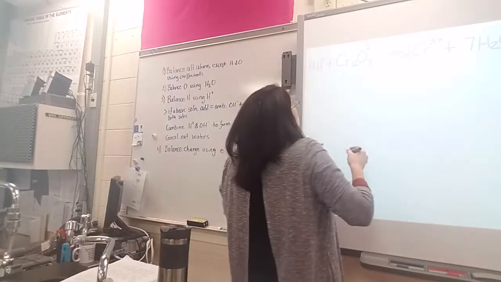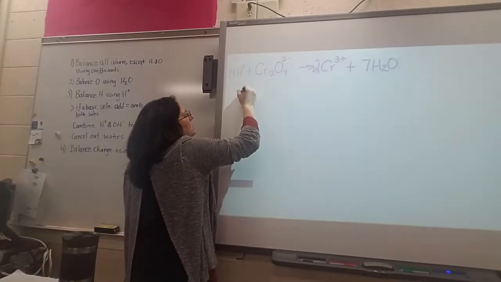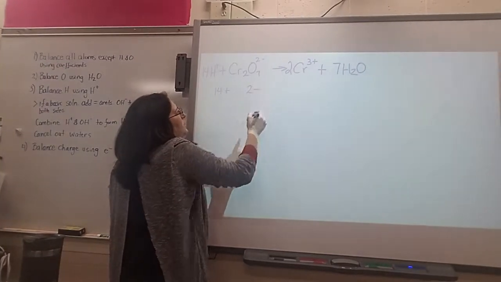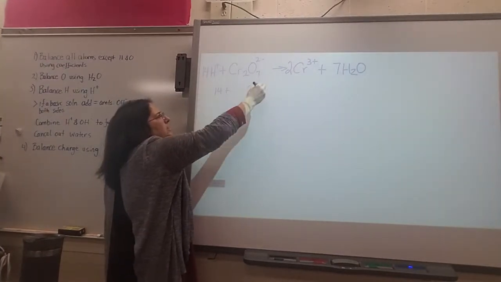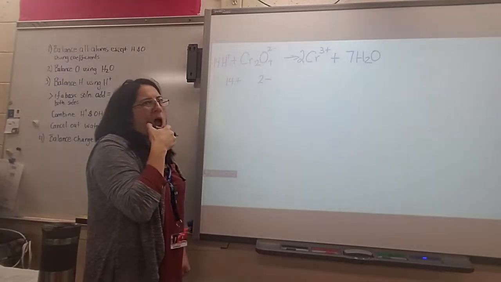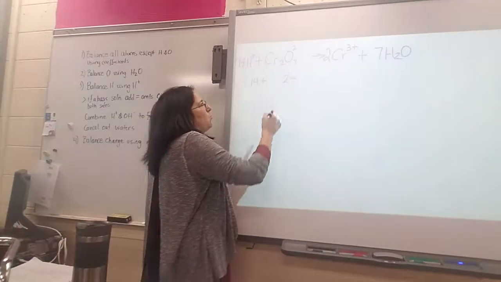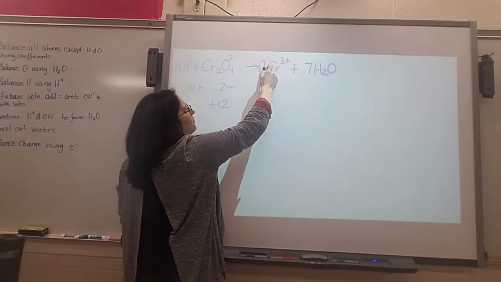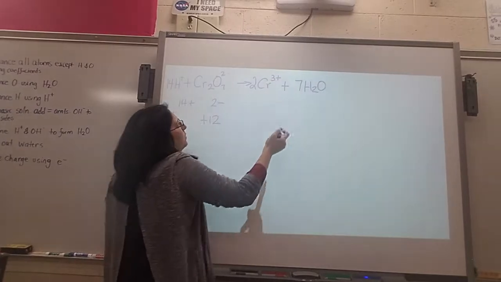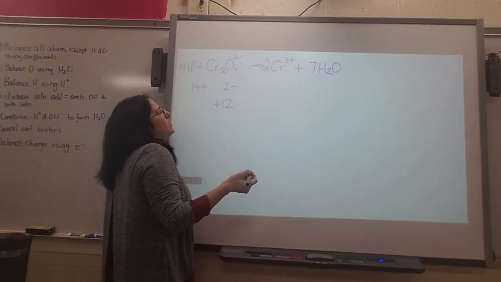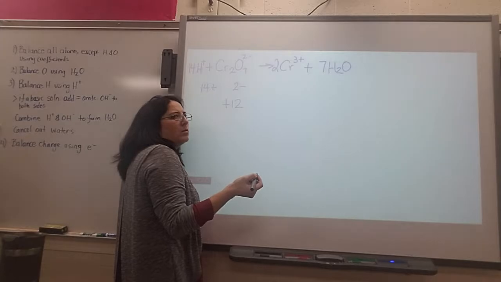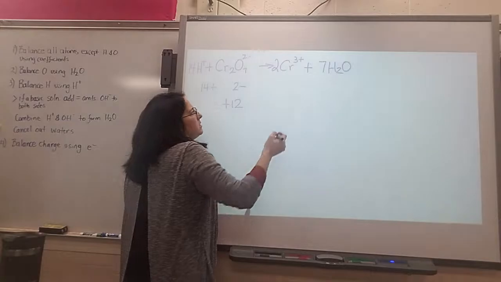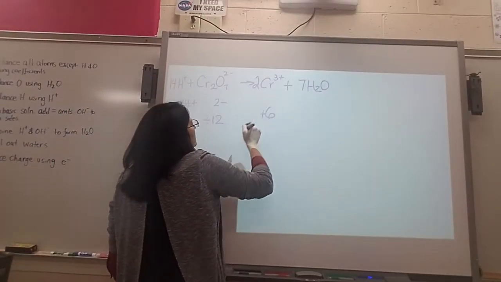All right. So over here, I have 14 pluses. I have a 2 minus, so my overall charge on this side is how much? Plus 12. Okay. Over here, I have 2 Cr3+, so that's going to be 3 times 2 is 6. So I have 6 pluses over here.